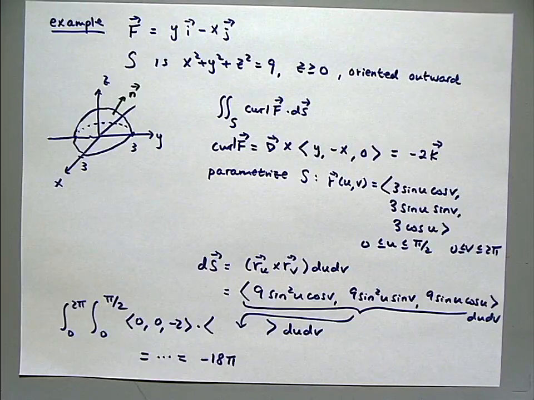So looking down, I'll stick with red here, going this way. The radius is 3 all the way around because it's a sphere of radius 3, right?